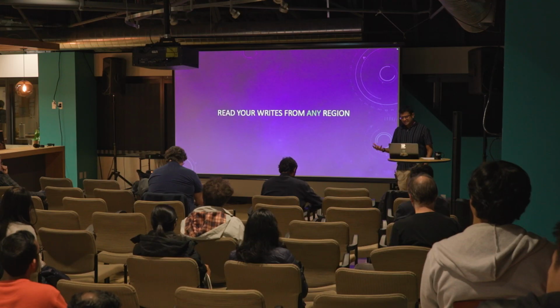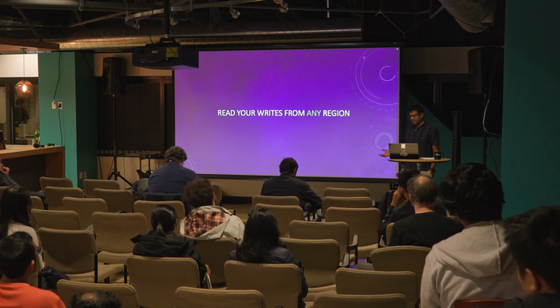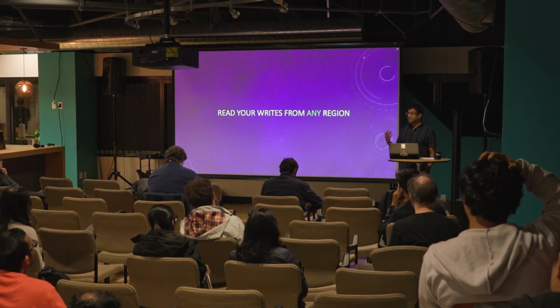So your applications would not notice there's a network partition or the region is isolated. The applications would continue to work on the respective regions, just that they won't see the writes. They would see the writes after the network partition is recovered.